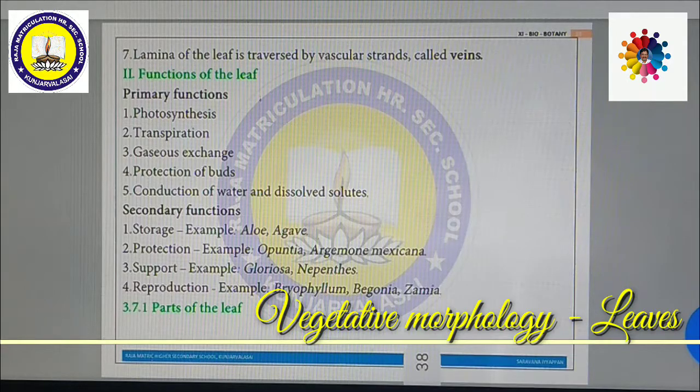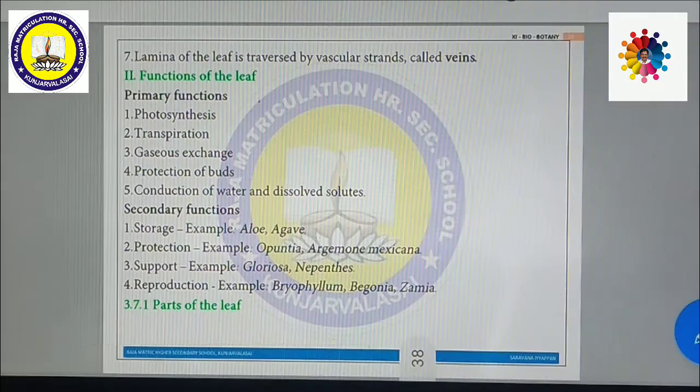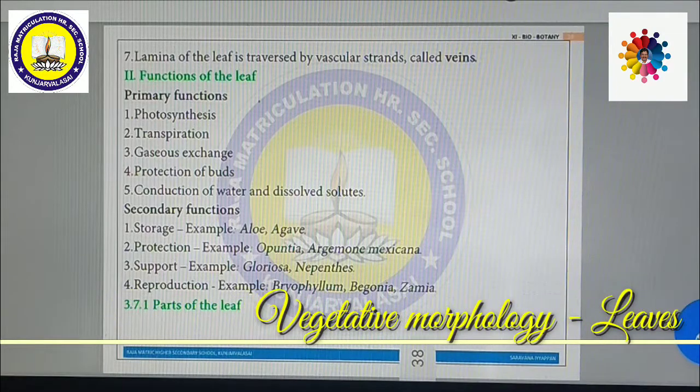Like root and stem, it also has two types of function: primary function and secondary function.